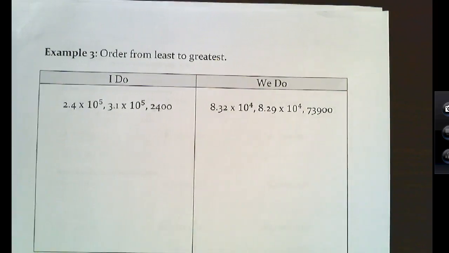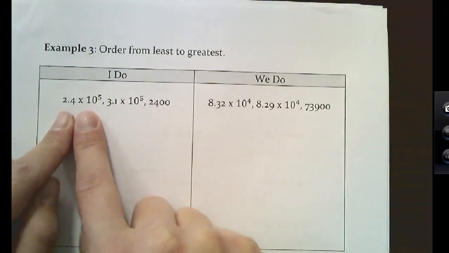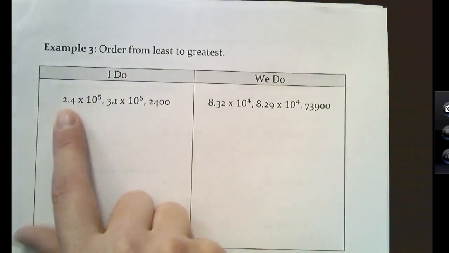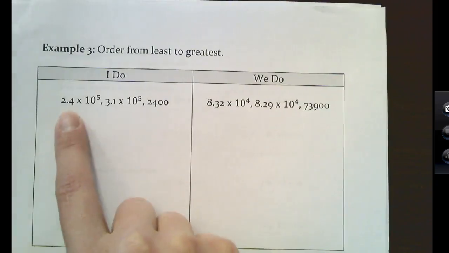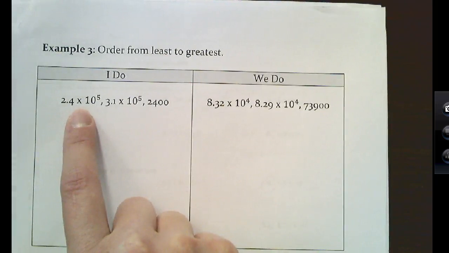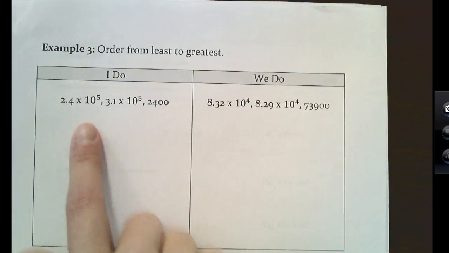My personal preference when I'm ordering these numbers from least to greatest is to actually switch these out of scientific notation. So what I'm going to do is I'm going to start with this 2.4 times 10 to the 5th power. And how many places am I moving my decimal for that one? 5 spaces. In which direction? To the right, because it's positive, right?